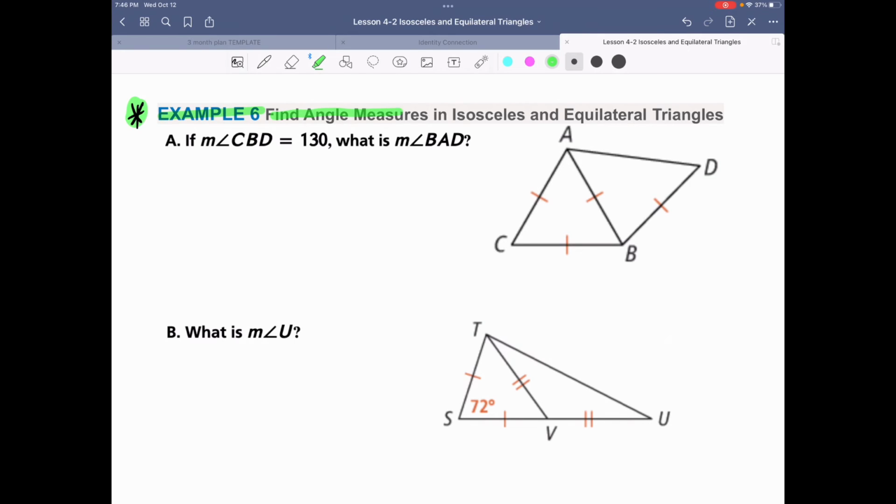Find angle measures in isosceles and equilateral triangles. If the measure of CBD is 130 degrees, what is the measure of BAD? Well, what can we do? How can we problem solve this?